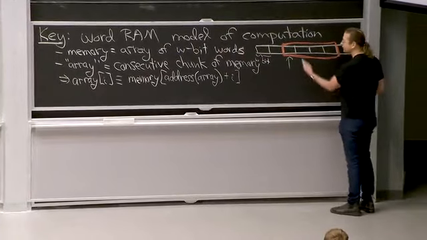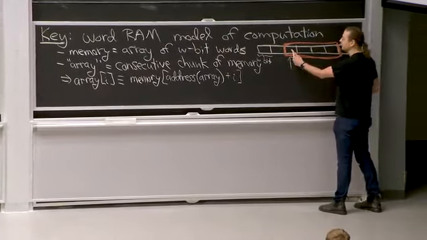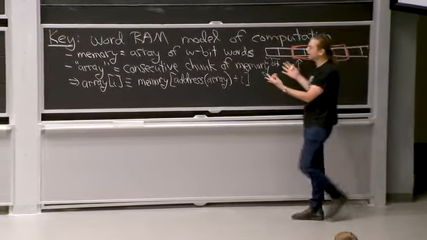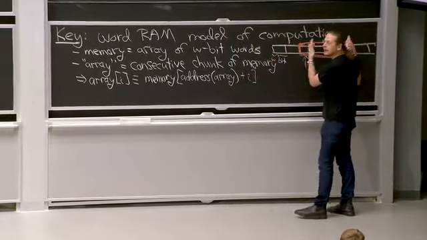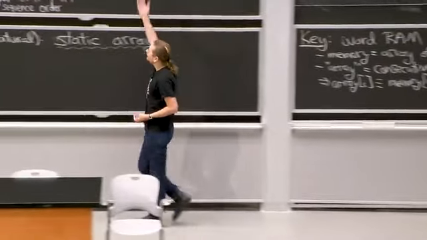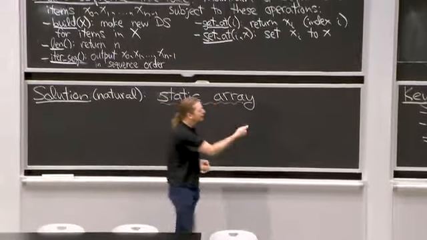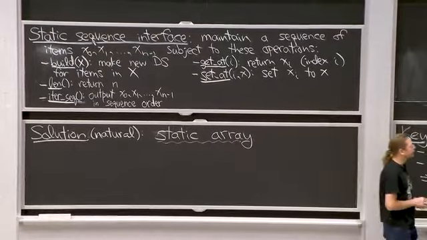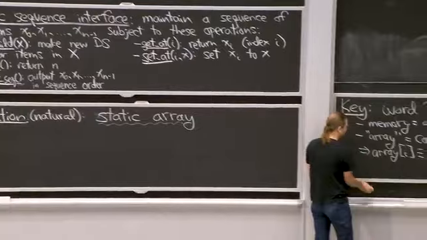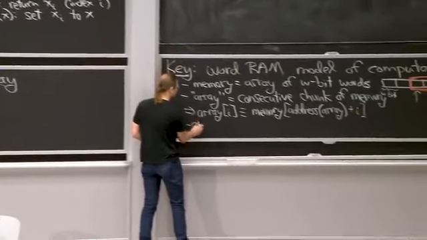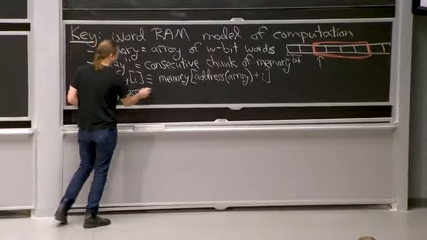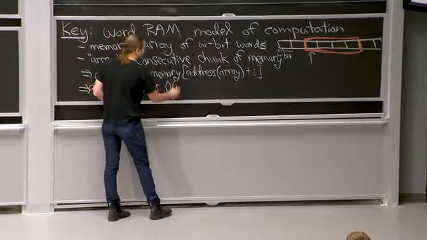If I want to know the 0th item of the array, it's right here where it starts. The first item is 1 after that. The second item is 1 after that. So as long as I store my array consecutively in memory, I can access the array in constant time. I can do get at and set at as quickly as I can randomly access the memory and get a value or set a value, which we're assuming is constant time. So array access is constant time.